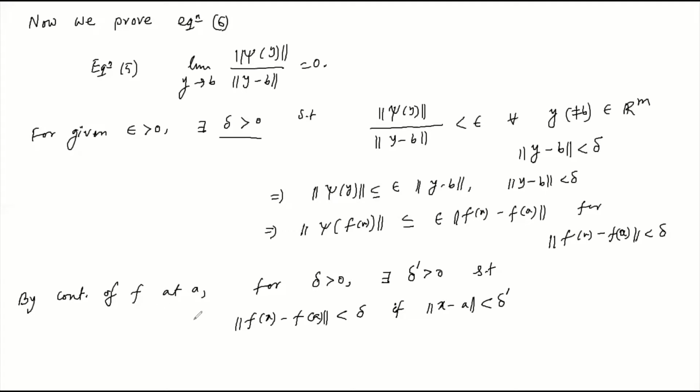Now, for such a delta prime greater than 0, we put things together to get psi of f of x.